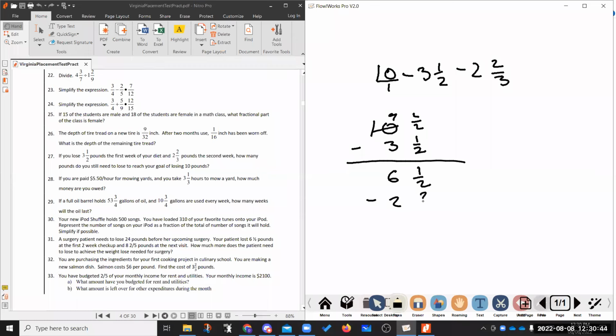Minus 2 2/3. So this is going to be the same as 3 over 6. This is going to be the same as 4 over 6. I'm going to have to borrow again. 9 minus 4 is going to be 5/6. 5 minus 2 is going to be 3. It works either way.